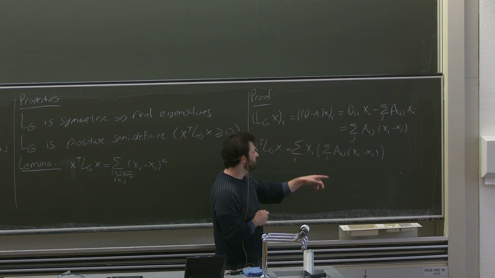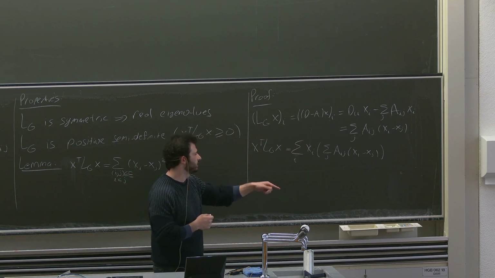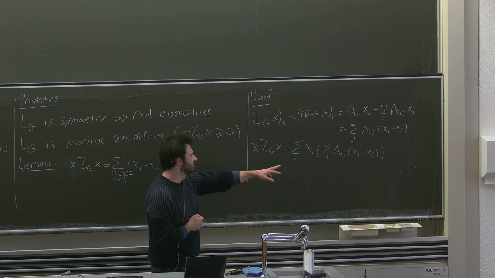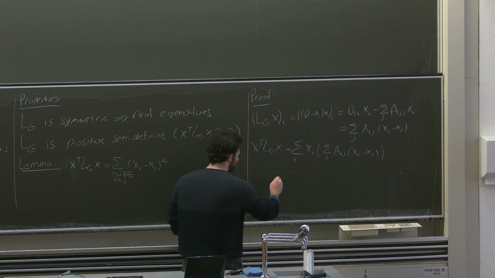Then we can separate the parts j less than i and j larger than i. And then due to the symmetry of A, we're going to get something nice. So let's do that.